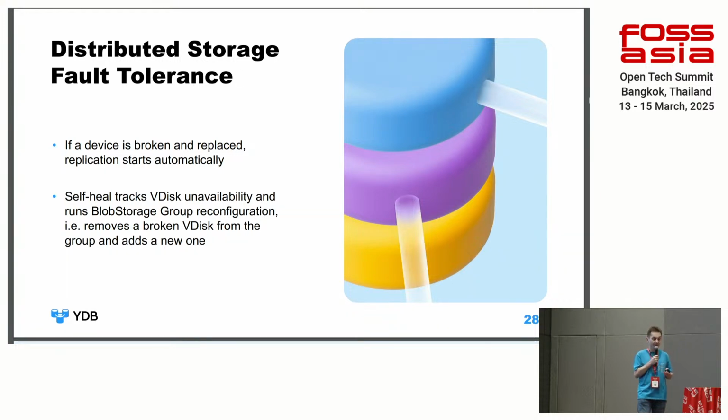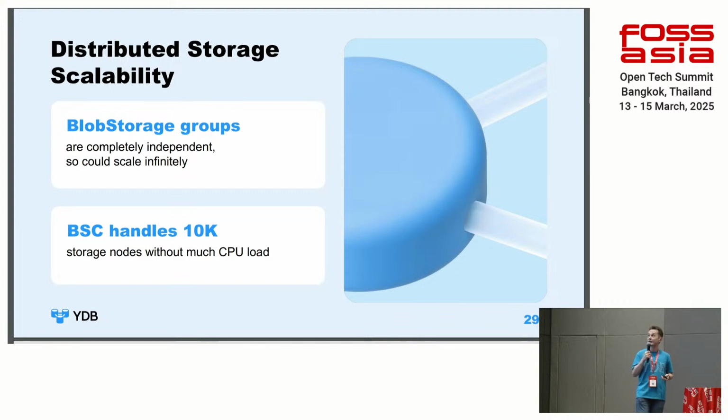We have self-heal, I have mentioned it already, so a special process is responsible for healing your cluster. And it's scalable. Because it's completely separated and you have multiple groups, you can easily add more disks, more servers, and you can scale storage completely independently from compute.